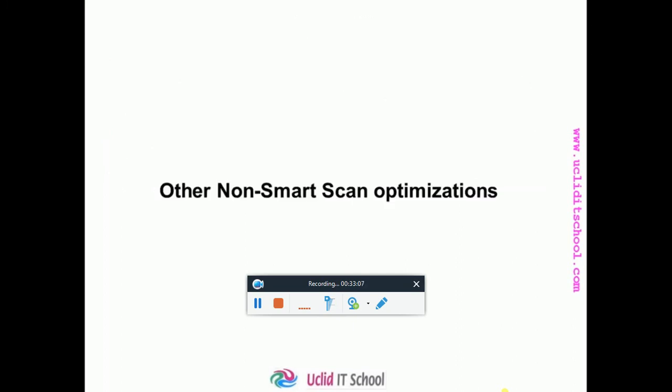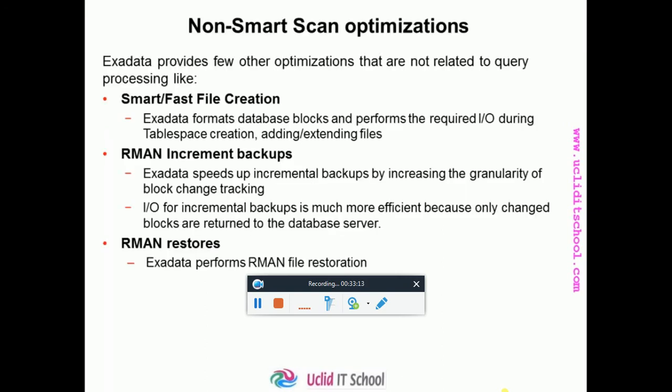Then there are some other non-smart scan optimizations available on Exadata. One is smart file creation or fast file creation. Second is, on Exadata, RMAN incremental backup performance can be further improved.